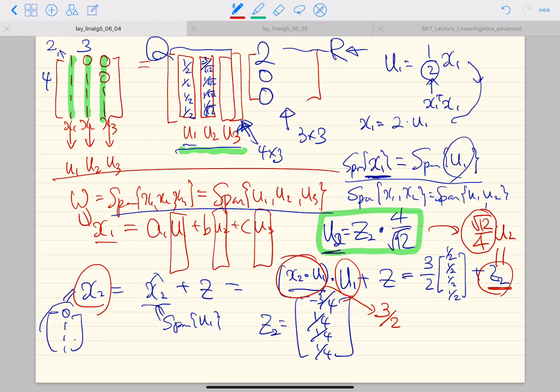Once obtaining z2, we normalize it to have unit length, and z2 will have the vector length as this value once normalized. Then obtaining this u2, and u2 was placed over here. Now we obtain the linear combination coefficients over here: for u1, 3 over 2, and for u2, this guy, square root, and still 0.